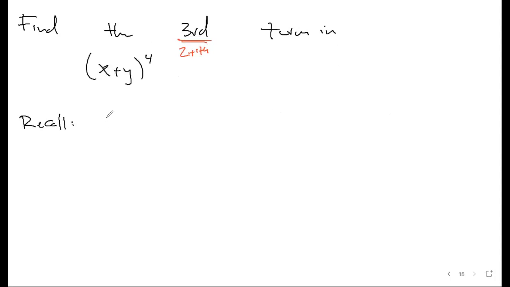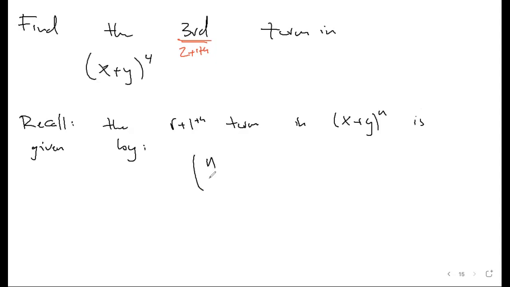Recall, the r plus 1 term in x plus y to the n is given by n choose r, x to the n minus r, y to the r, right?